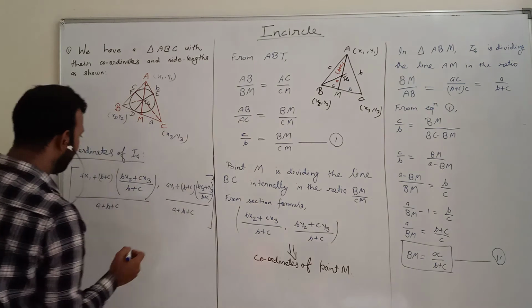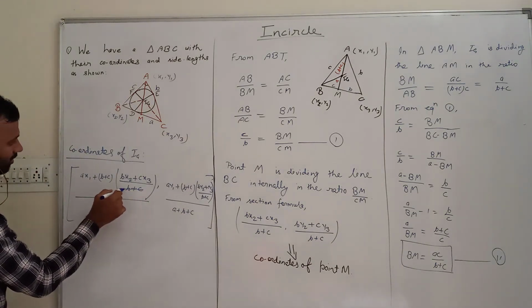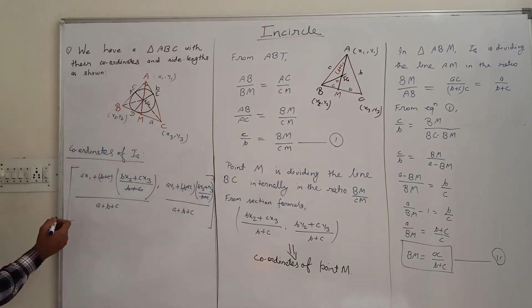We have to simplify this one. Let's simplify. B plus C cancels with B plus C. What do we have here exactly?